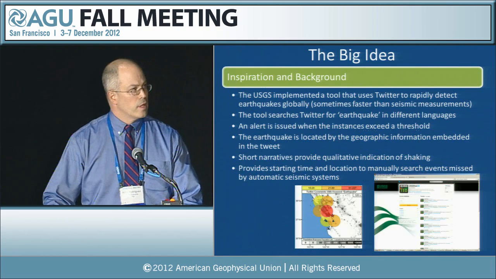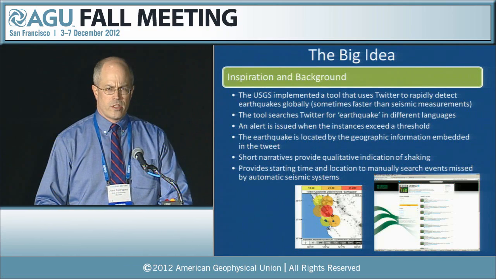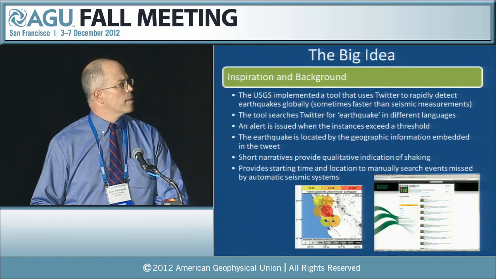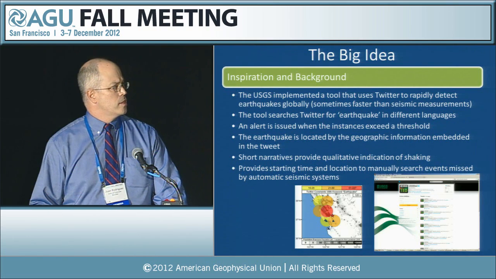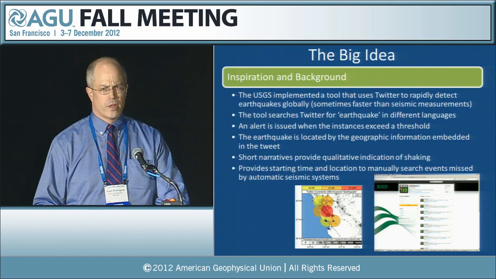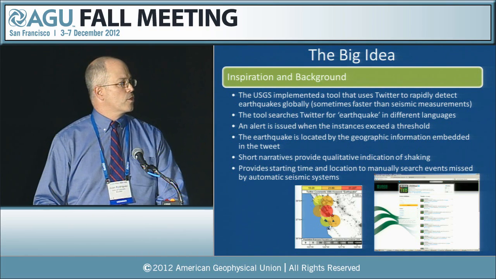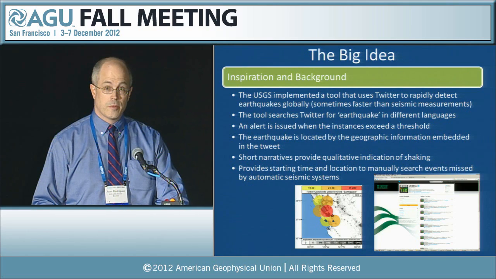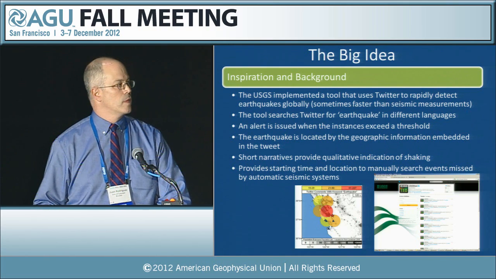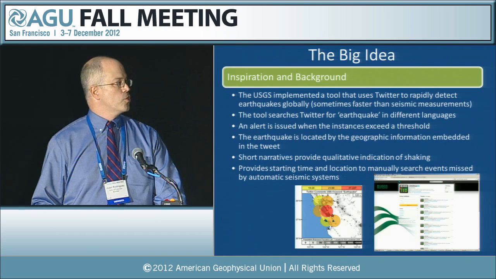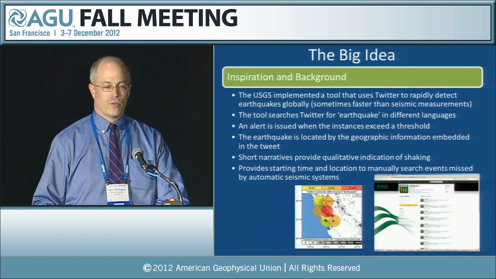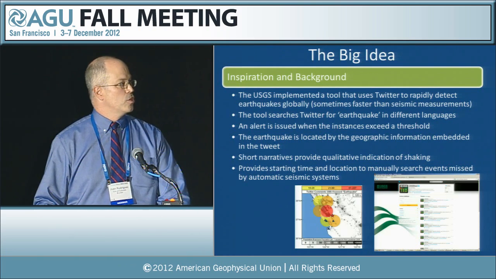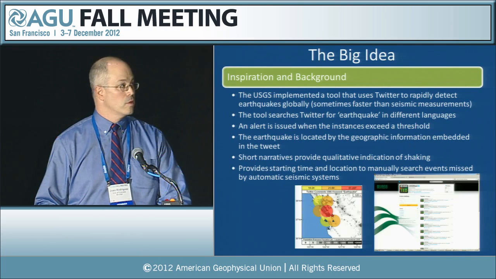Now, the inspiration actually comes out of a great success story at the U.S. Geological Survey. USGS in Golden has implemented a tool that uses Twitter to rapidly detect earthquakes on a global basis. Sometimes this is faster than the seismic measurements that, of course, they use. The tool searches Twitter for earthquake in different languages. An alert is issued when the instances exceed a certain threshold.